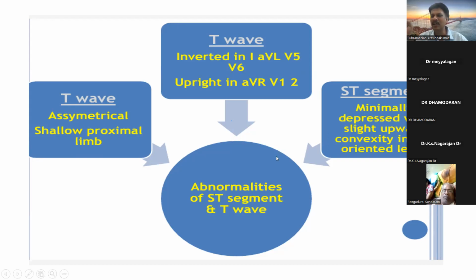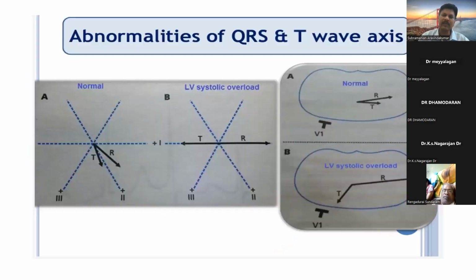Now you understand: in the QRS complex, height of R wave is increased, ventricular activation time is increased, and secondary STT changes are there, with ST segment depression and T inversion. What happened to the axis? Once the left ventricle is the dominant ventricle, it pulls the electrical forces towards the left side. Normally, from the SA node to the AV node, conduction is downwards and the axis is between 30 and 90.